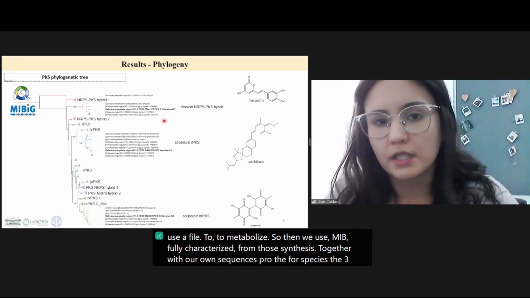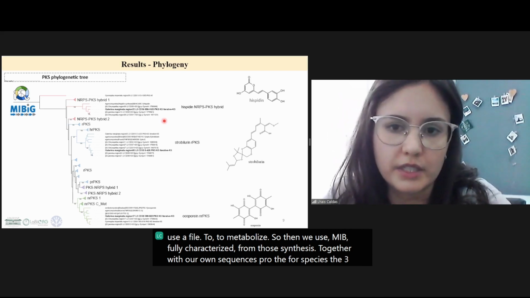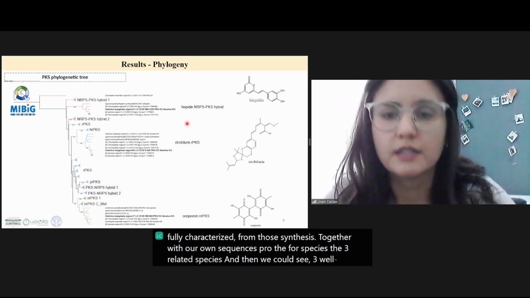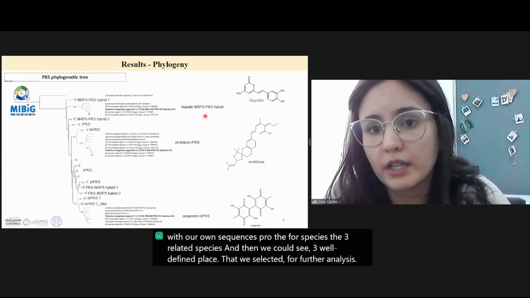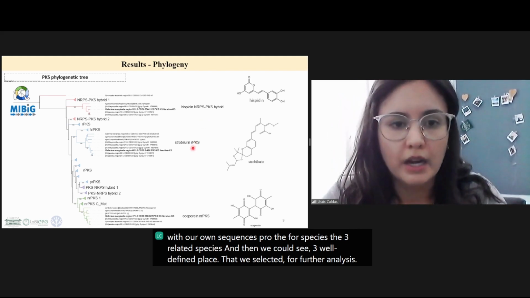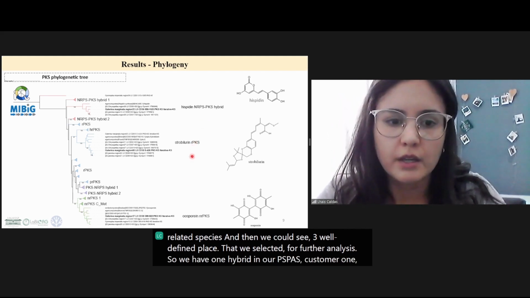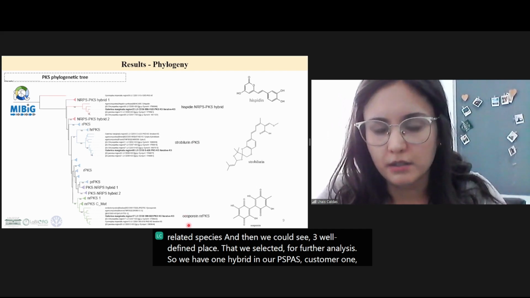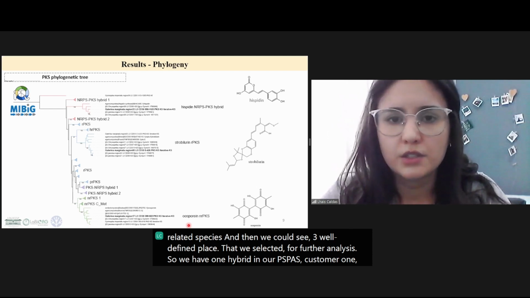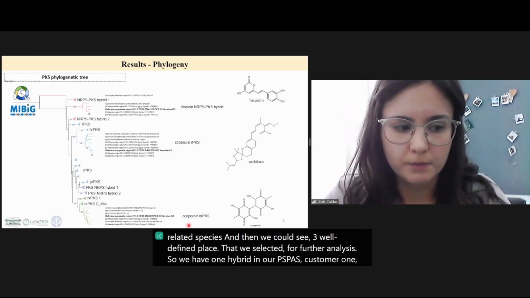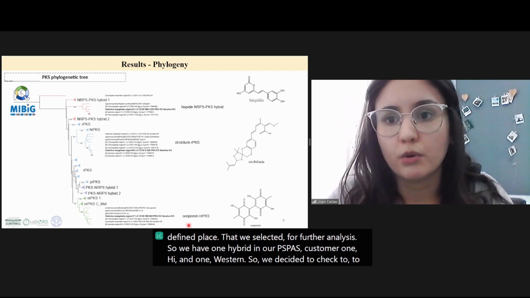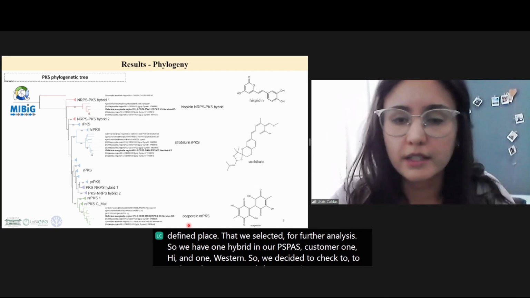And then we could see 3 well-defined clades that we selected for further analysis. So we have 1 hybrid NRPS-PKS cluster, 1 highly reduced PKS, and 1 non-reduced PKS cluster. We decided to evaluate how conserved these BGCs were among the 4 related species.